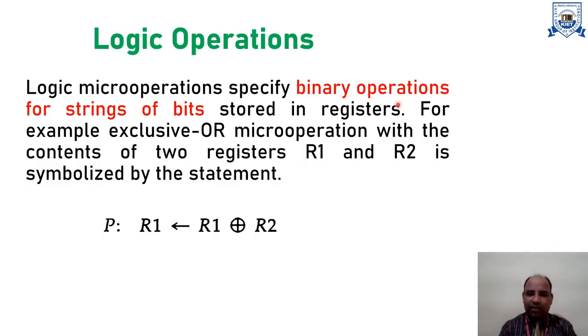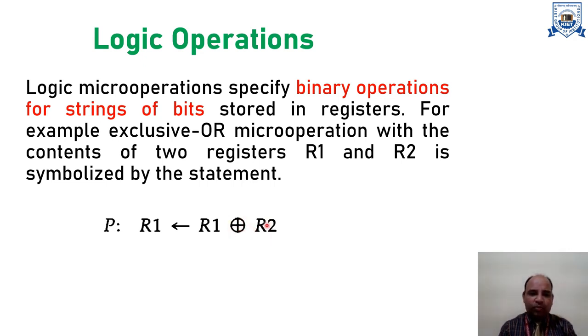So they specify the binary operations for a string of bits stored in a register. You know that within the CPU many different types of registers are available. For example, if we take register R1 and register R2, and take the example of exclusive OR, this is the symbol for the exclusive OR operation.